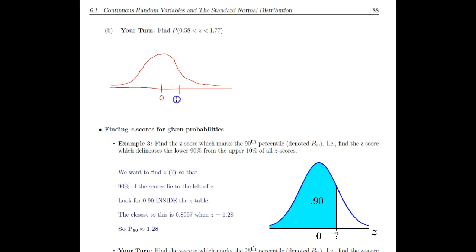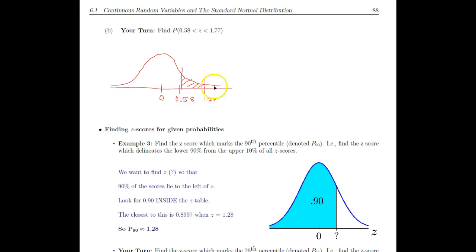You're just trying to gain some sense. Really, what's most important is just that you're on the right side of 0. So here's 0.58. Here's 1.77. Cool. And we're trying to find the area in between them. So we're trying to find the area of this region right here.